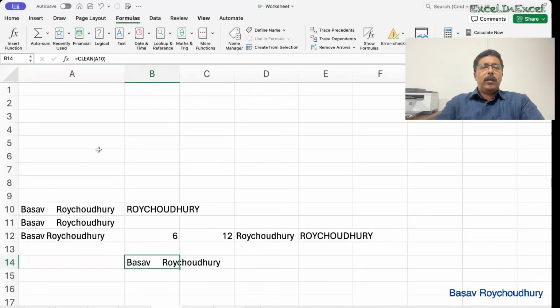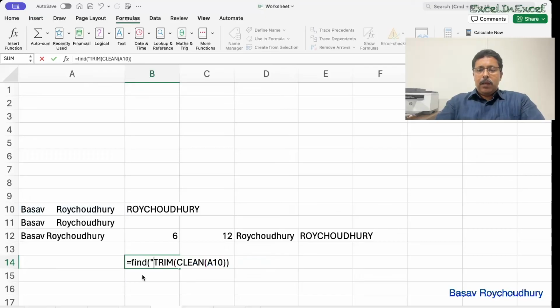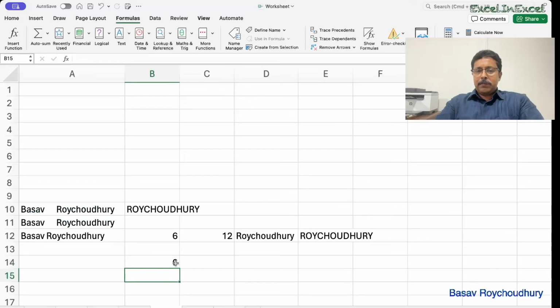Then I had done a trim of this. Then I had used find to find a space, that means within quotes a blank space in this, which gave me 6.